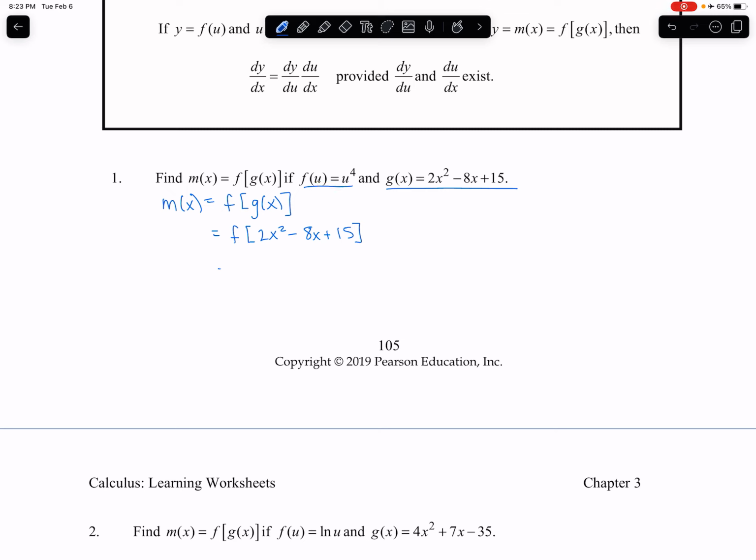So this is going to become (2x squared minus 8x plus 15) raised to the fourth. We just keep inserting each function, and that makes it the composite function.